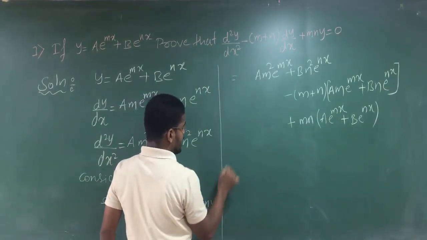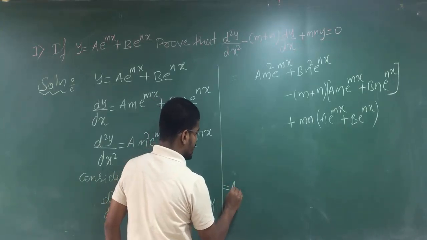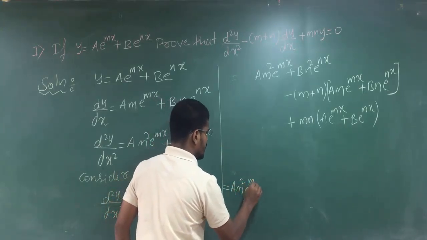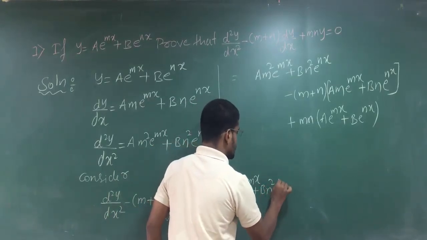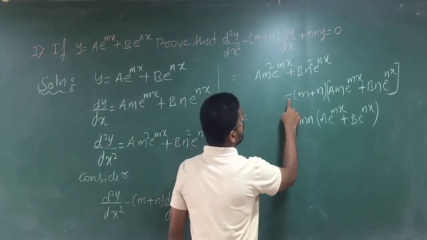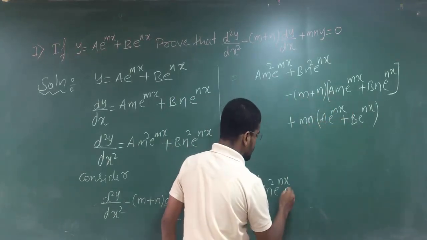simplify this, that is a into m square e to the power of mx plus b into n square e to the power of nx, minus m into these two terms. What will be those terms?